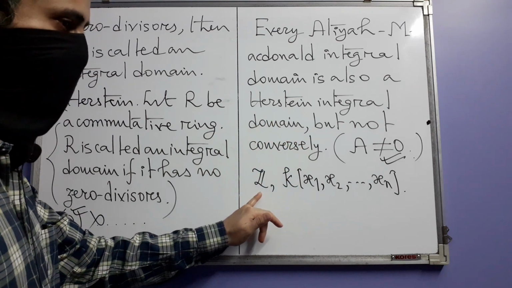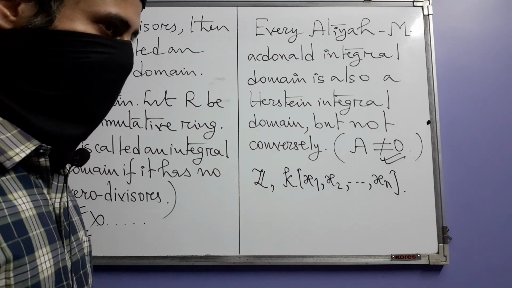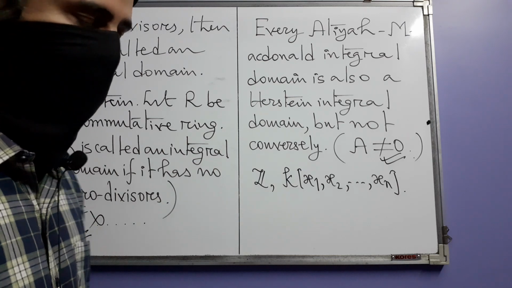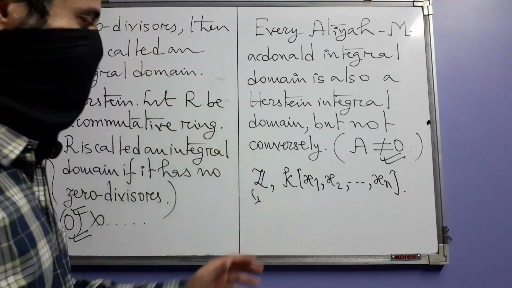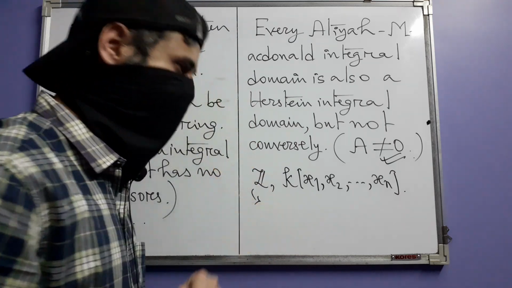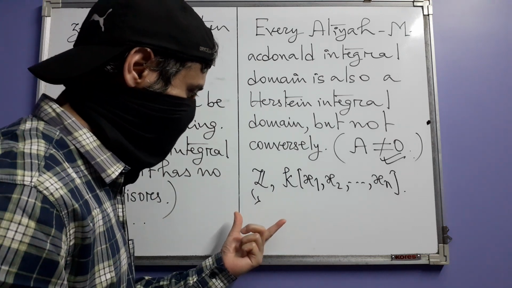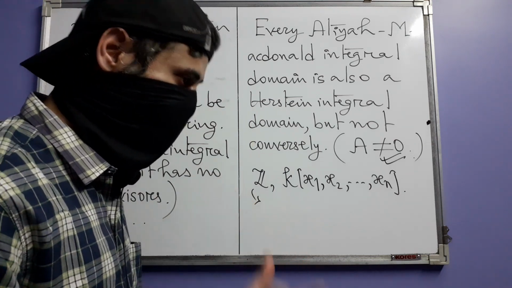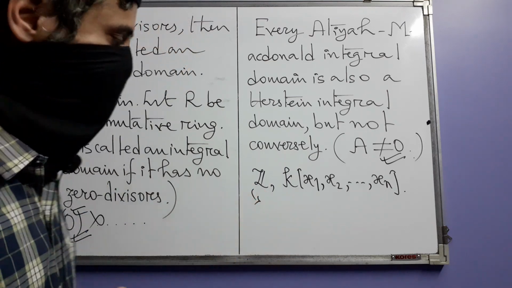Is it a non-zero ring? Yes. Does it have any non-zero zero-divisors? No, it does not. In fact, in our axiomatic construction of the integers, in Terence Tao's analysis, there was one result where we proved from scratch that this has no zero-divisors.